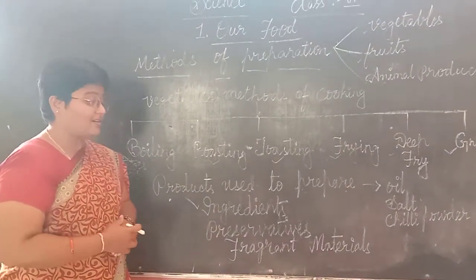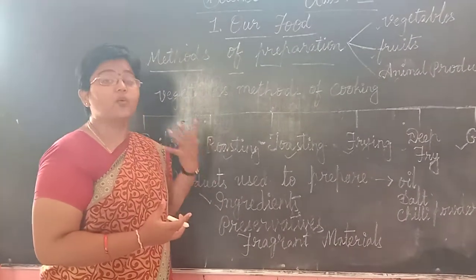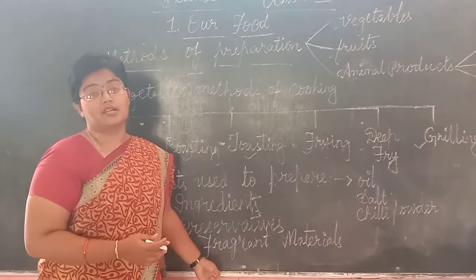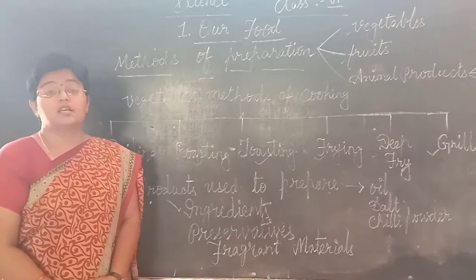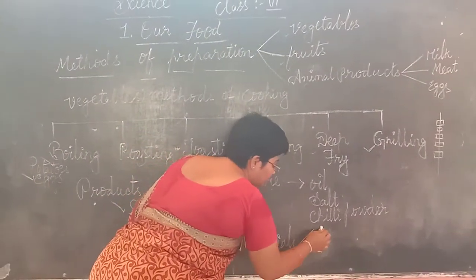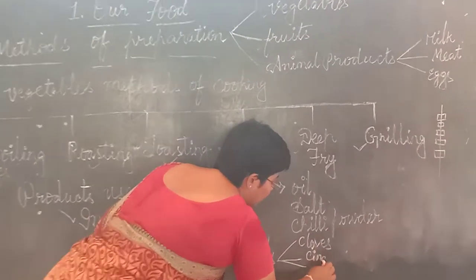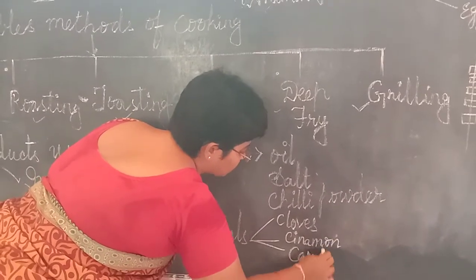So what are the fragrant materials used in preparing different varieties of food? Let us know more about them. Yesterday we discussed spices. In that I mentioned cloves, cinnamon, cardamom.